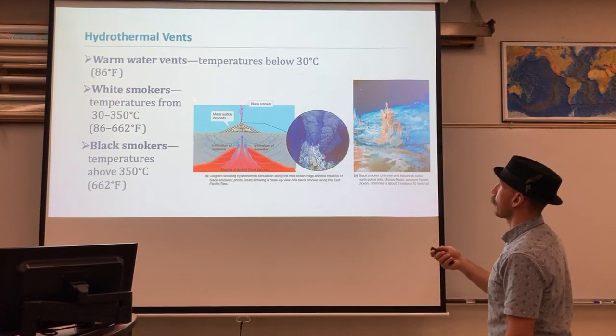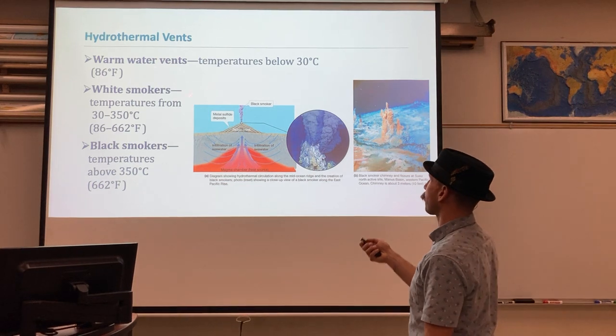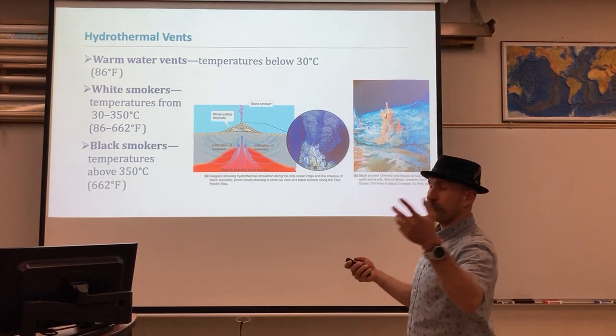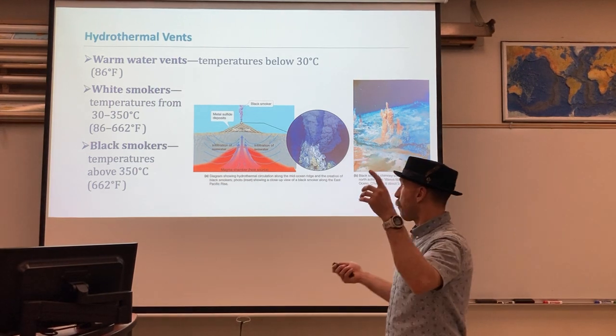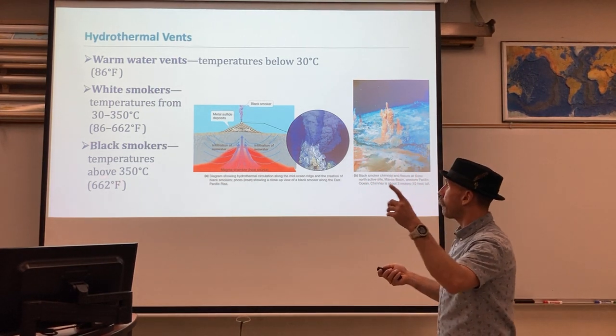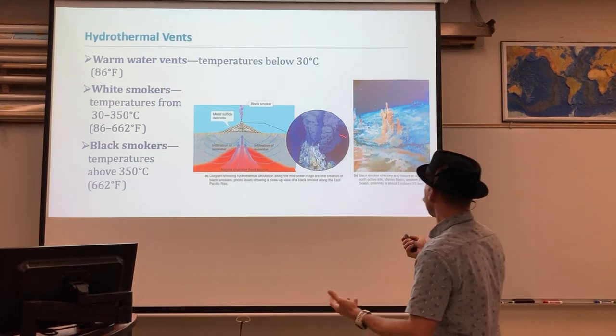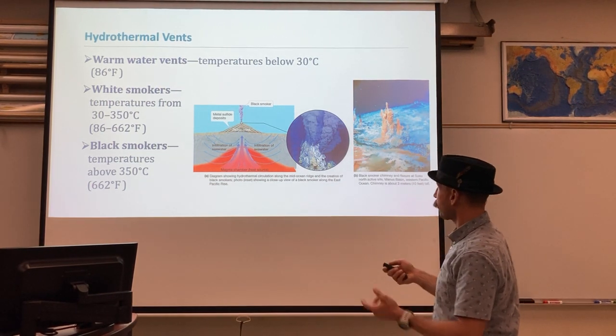A few types of them. Warm water vents, it's like a hot spring. White smokers, temps from 30 to 350 degrees because the smoke they emit is white. Black smokers, temps above 350 degrees because the smoke they emit gives this dark color.